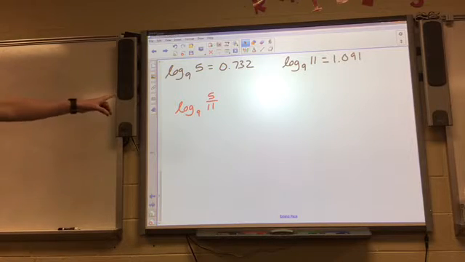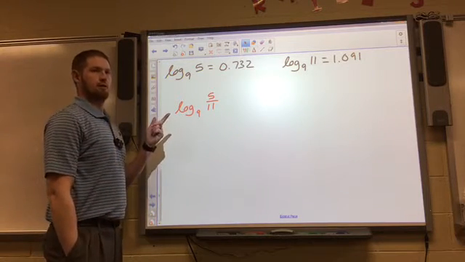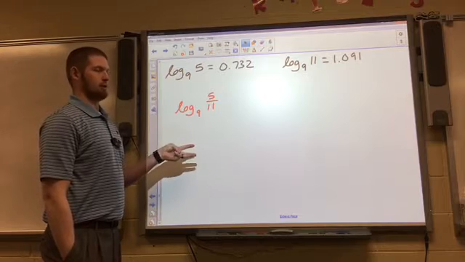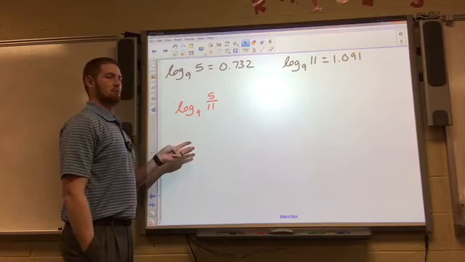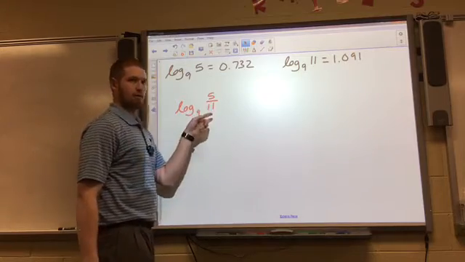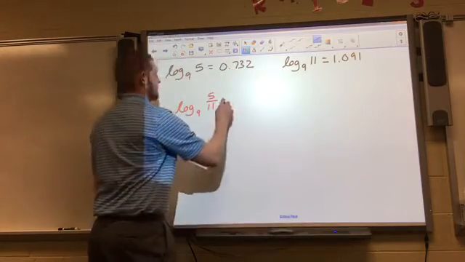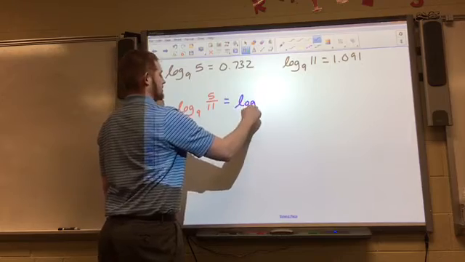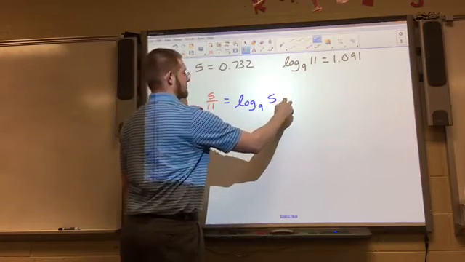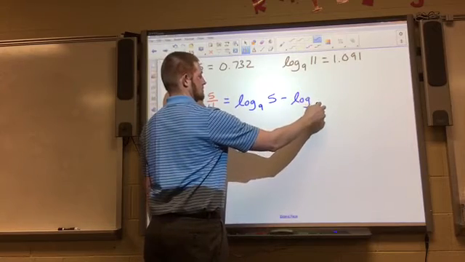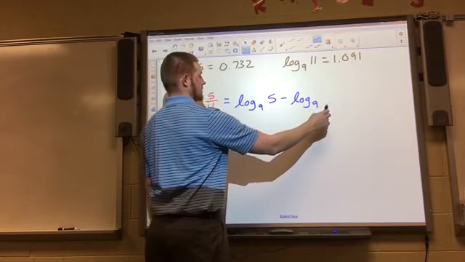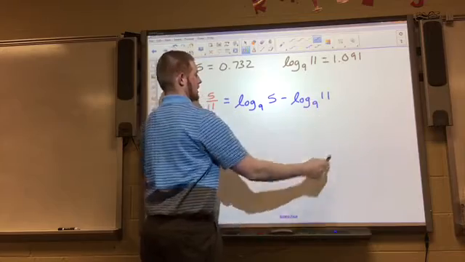First one is this. What do you notice about this, Devin? It's got a fraction, so you're going to use the quotient, product, or power property. Quotient, because it's division, right? A fraction means division. So I actually have log base 9 of 5 minus log base 9 of 11.